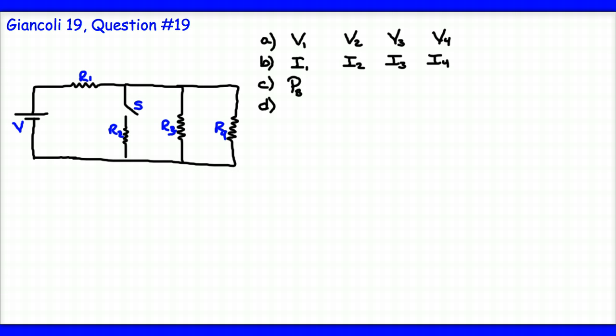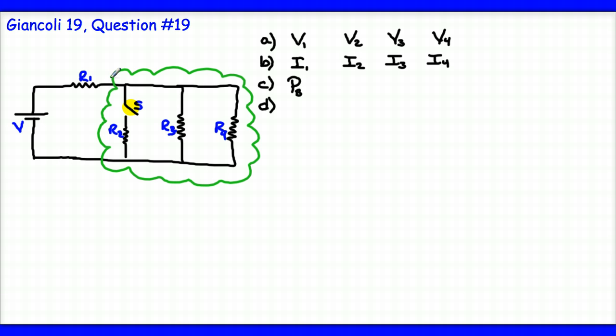Let's start with A, B, and C. Here we've got the switch, specifically the only switch in the circuit, and when it's closed, that admits current through R2. It effectively adds a resistor in parallel, and as I add resistors in parallel, that lowers the equivalent resistance of this parallel network.